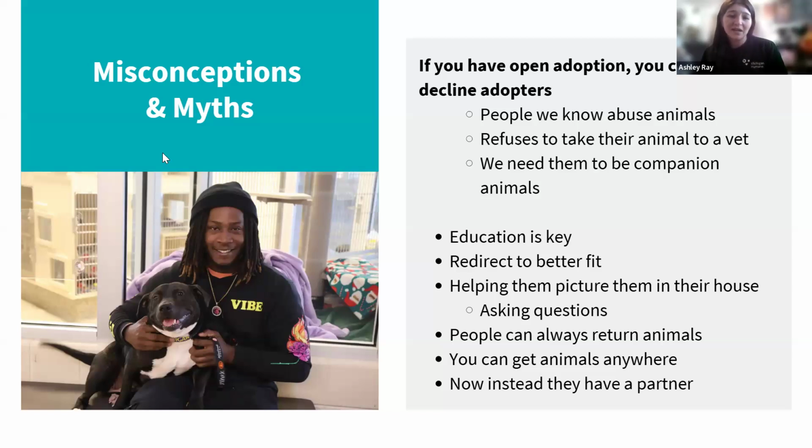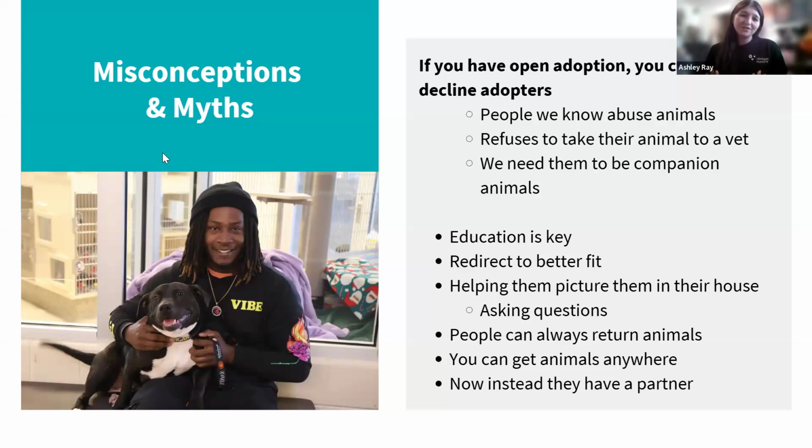And then we need them to be companion animals. So that's what we're looking for when we adopt out cats and dogs, with maybe the exception of our Working Whiskers Hardworking Cats programs. But those are obviously specific cats that are looking for a specific type of home. But we aren't looking for them to be used in a different capacity than being a companion animal.